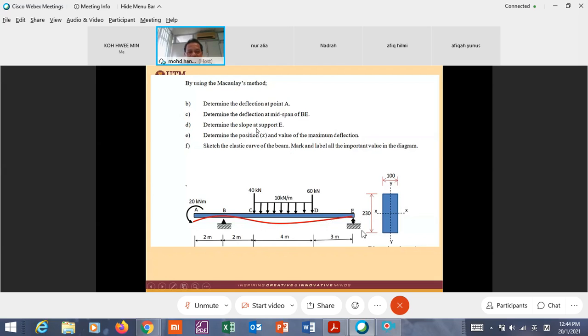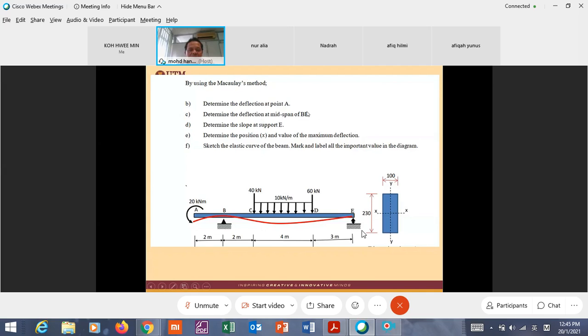When you are deriving the slope equation and the deflection equation, you will have to solve for the unknowns C1 and C2. For that, you use boundary conditions.